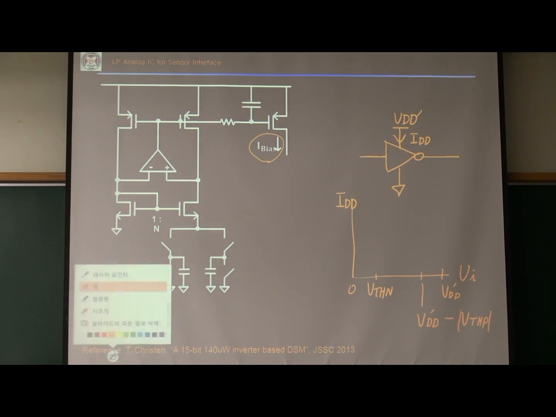Then the current waveform looks like that. We want to operate the inverter transistors at this operating point, so we want to set this supply current by using some additional circuit.